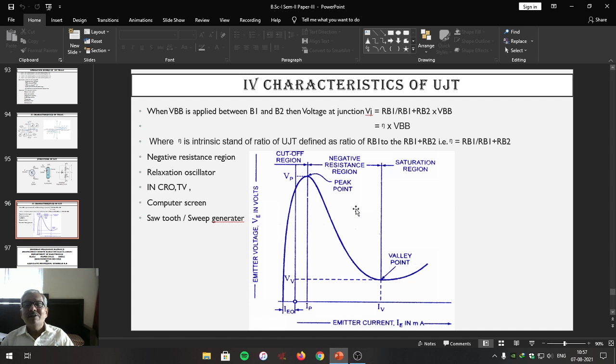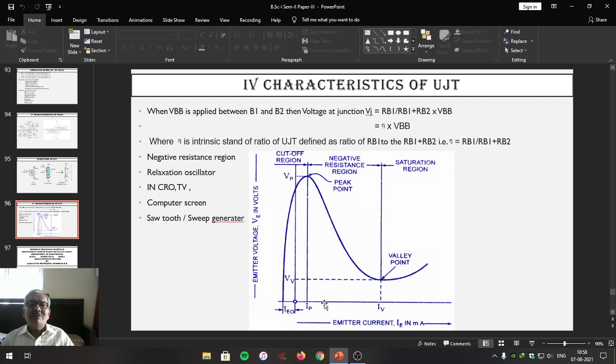Measure the emitter voltage and emitter current. Plot the graph of emitter current versus emitter voltage of the UJT. The resulting curve is represented here. So this is the IV characteristics of UJT.